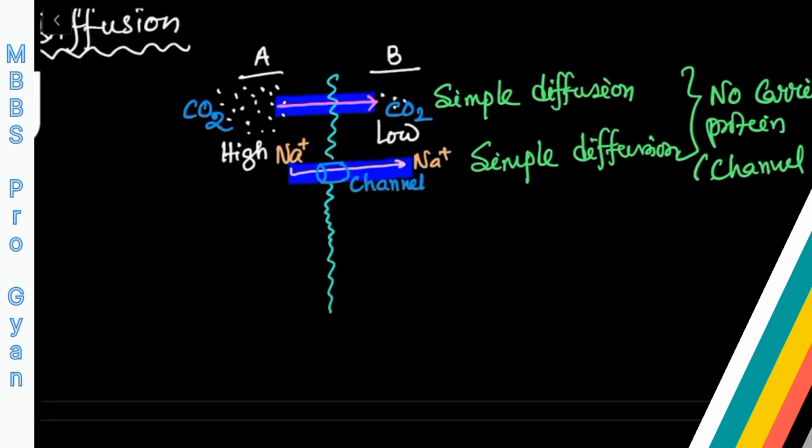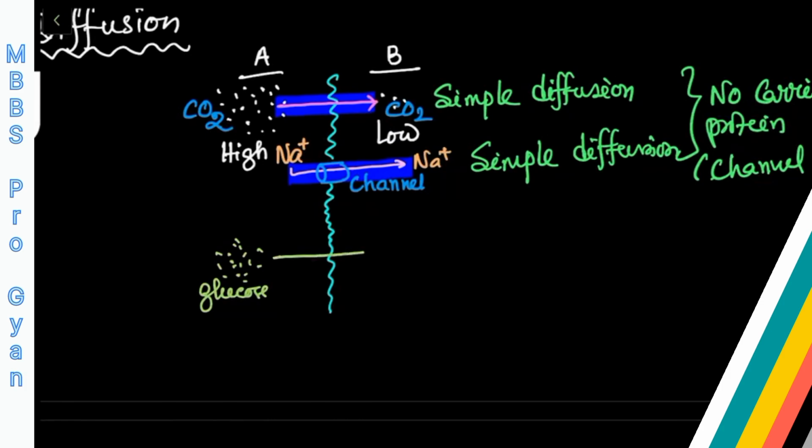But look at the other things. Suppose on one hand side, I have given a huge amount of glucose. Now for transport of glucose, there is no such channel. But for transport of glucose, we have discussed SGLT, sodium glucose linked transport, that is part of active transport, forget that.